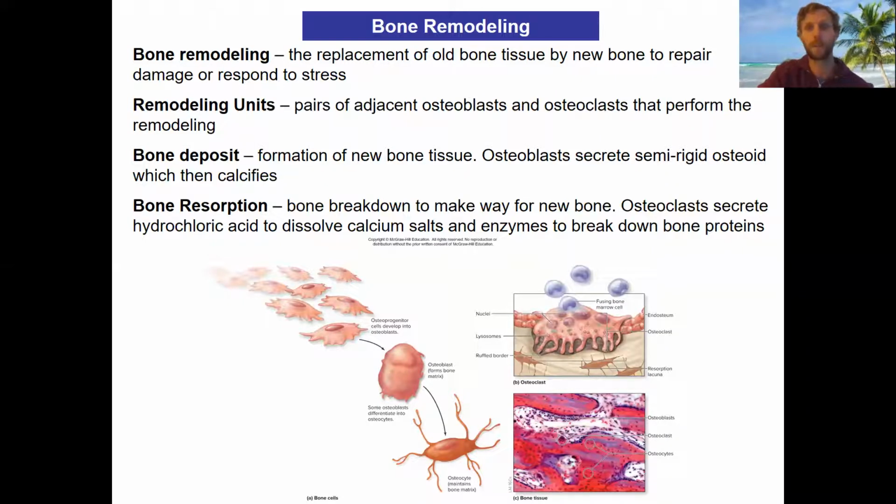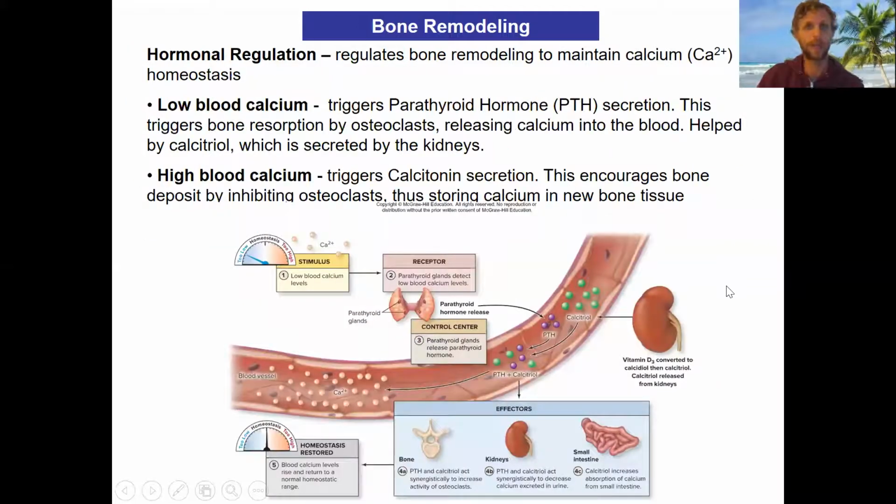What we can then take a look at is the hormonal regulation of this process. So what we have to realize is that we can, of course, remodel our bone tissue according to repairing damages, dealing with the stress that we put on our skeleton in terms of forces.